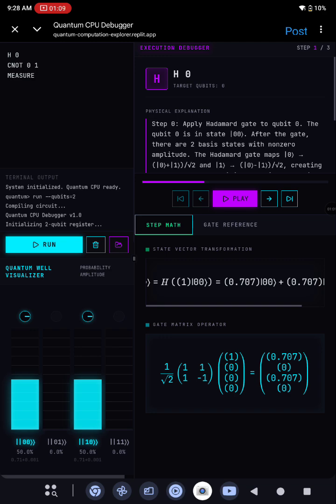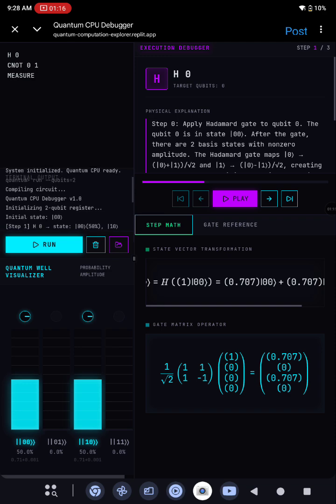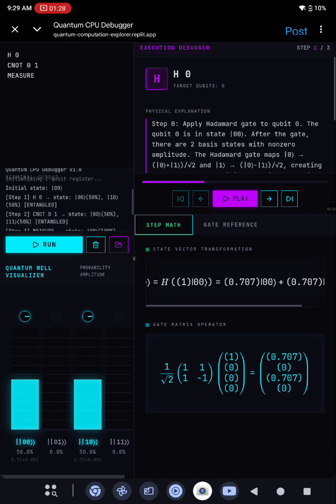The prompt quantum says run --qubits equal to 2, compiling circuit. Quantum CPU debugger version 1.0. Initializing 2 qubit register. Initial state 00. Step 1, H0: state 00 at 50%, entangled with 10 at 50%.